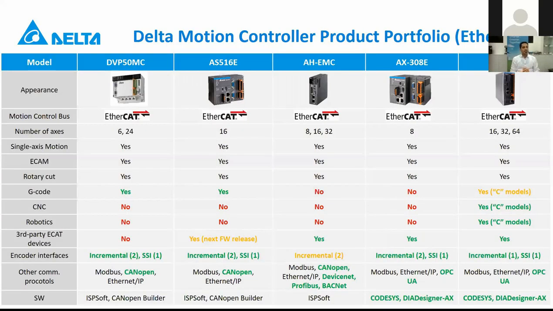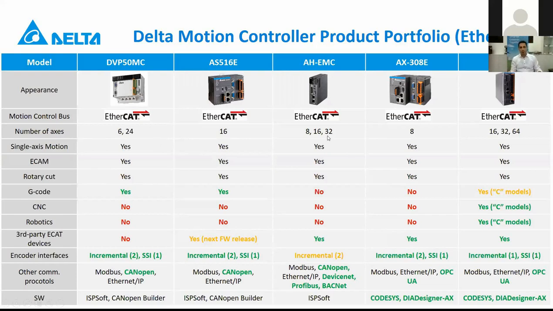Okay, let's see the portfolio. We have two main control buses, EtherCAT and CANopen. Over here in this page, you see the EtherCAT motion control bus, and we have DVP AS516, EMC, AX308, and AX8, depending on the number of axes.